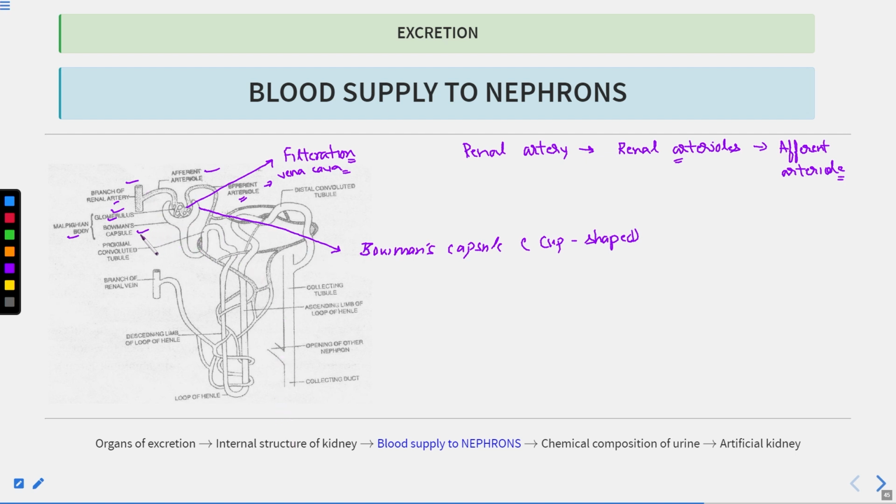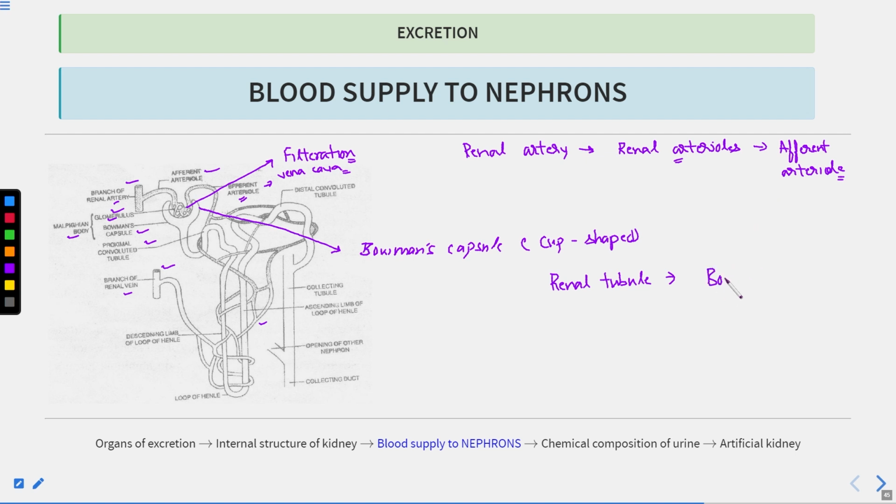So Bowman's capsule leads into the proximal convoluted tubule. Alright, here you can see the branch of the renal vein. This branch of the renal vein forms a capillary system around the renal tubule. And the renal tubule, I've already told you, comprises what?